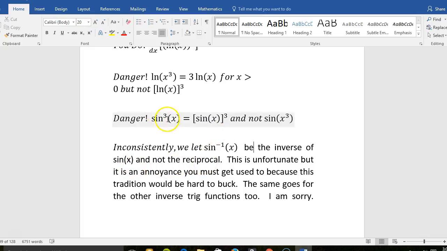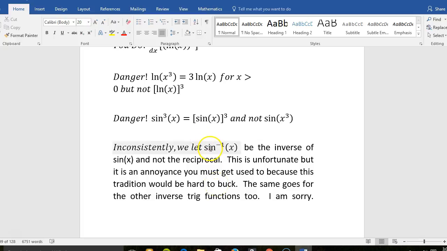It's just that the mathematicians from hundreds of years ago laid down the law and decided they wanted this to stand for the arc sine, or the inverse of the sine, and not the reciprocal of the sine. To stay consistent, it would need to be the reciprocal, but unfortunately, we break the rule and we abuse notation. It is unfortunate, but it's an annoyance you just have to get used to. It's just an old tradition.